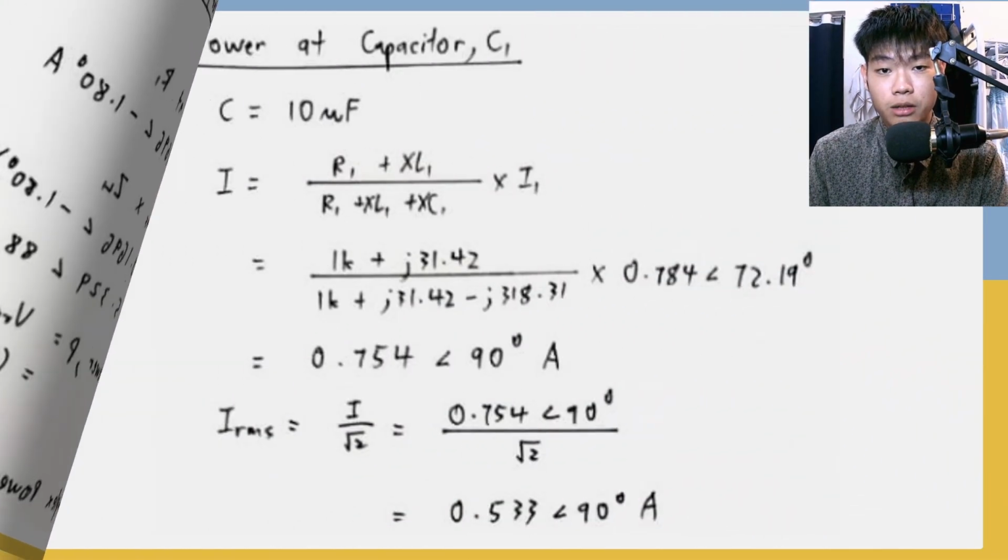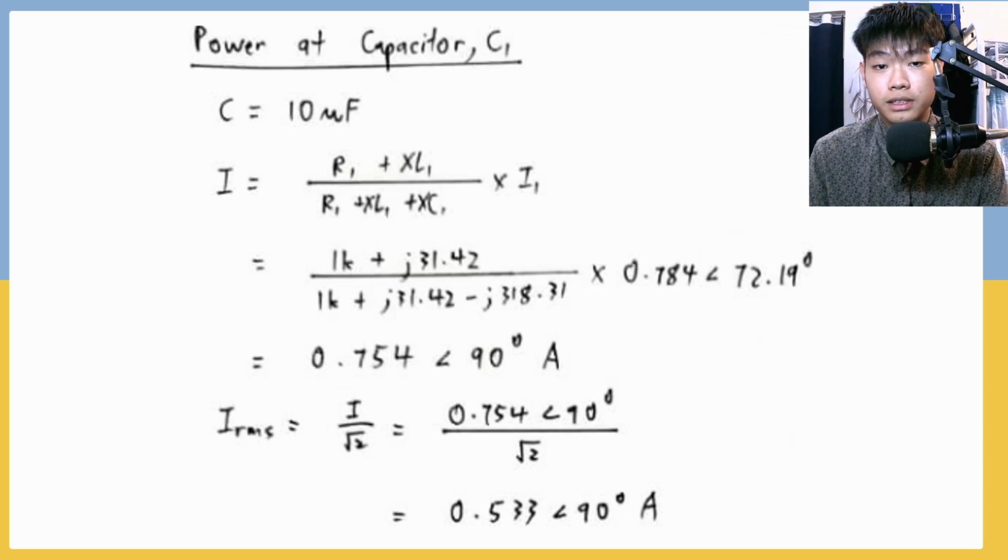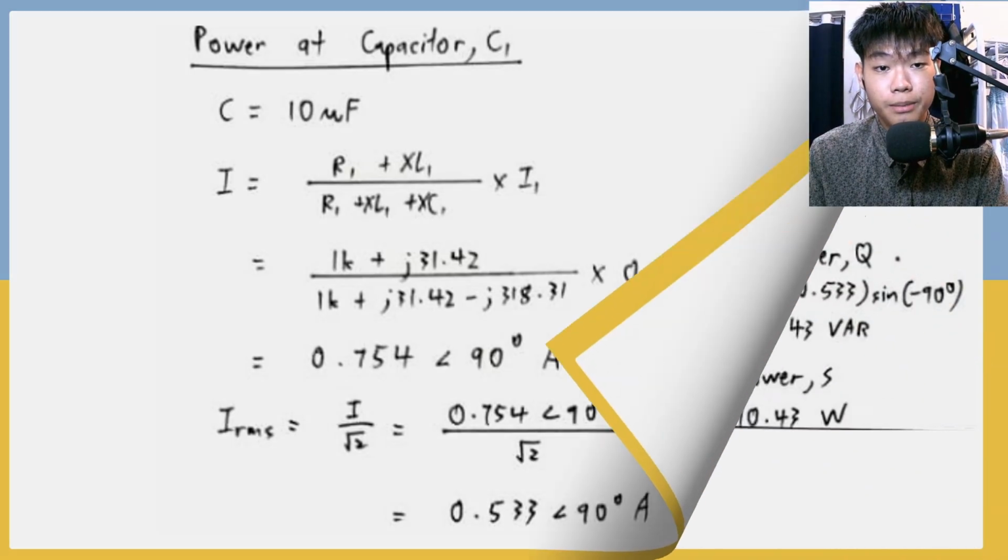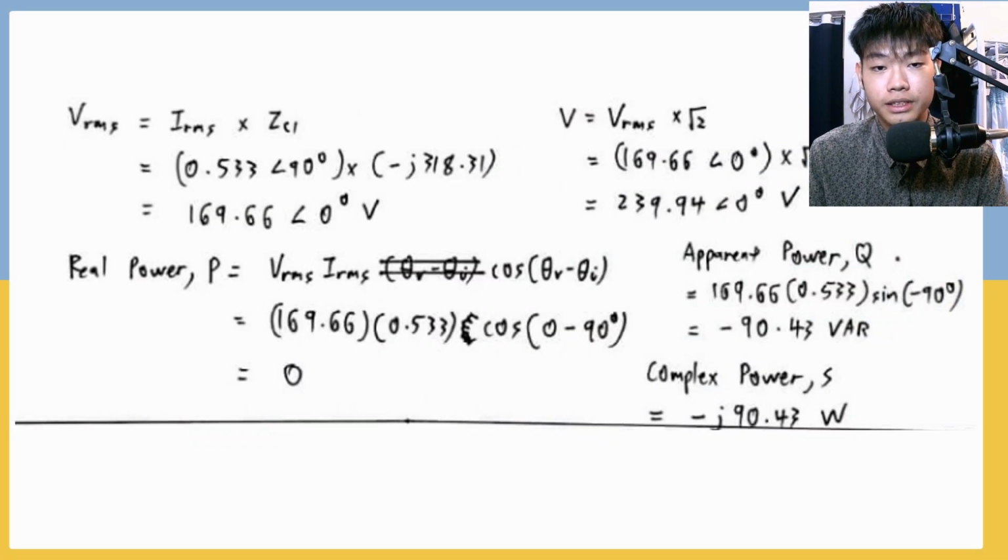Now we will look at the power at capacitor C1. The capacitor has 10 microfarad, and using the current divider rule, the current flowing through capacitor C1 is 0.754 ampere with a phase angle of 90 degree. The IRMS value is I peak divided by root 2, which is 0.533 ampere with a phase angle of 90 degree. The VRMS value is IRMS times the impedance of the capacitor, and the answer is 169.66 volt with a phase angle of 0 degree.